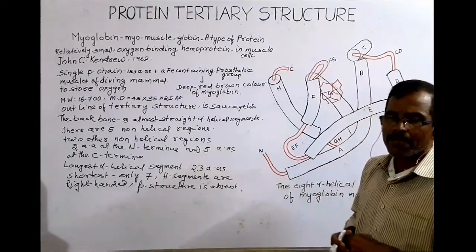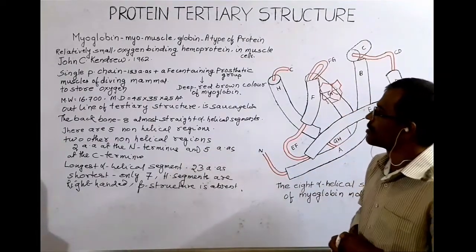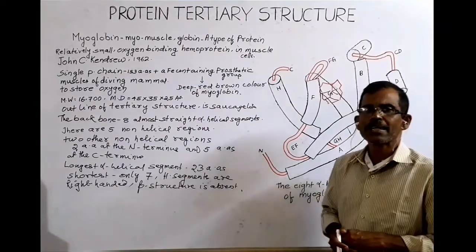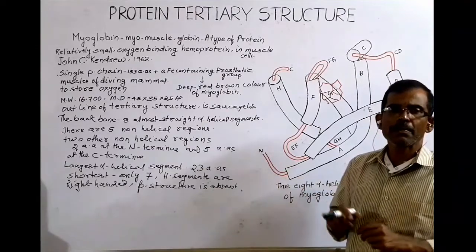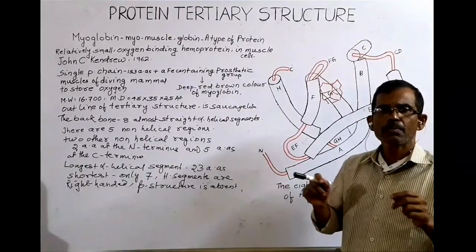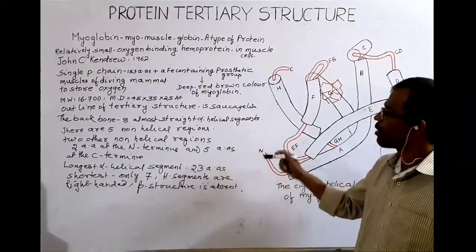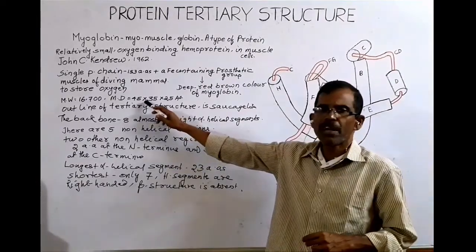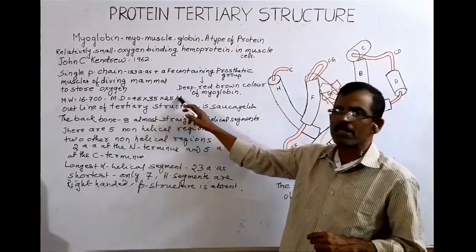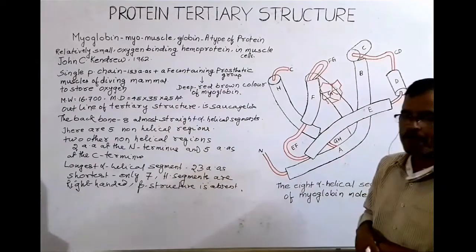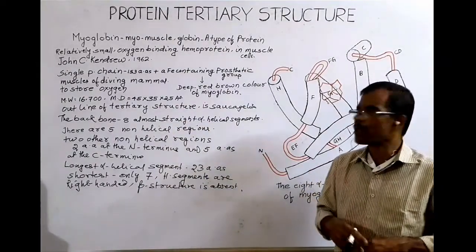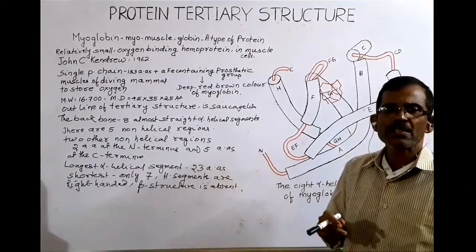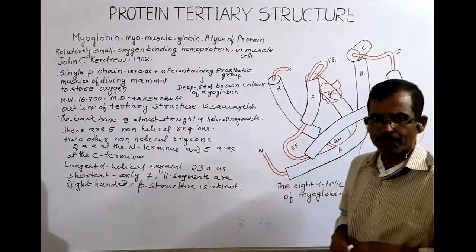The molecular weight of myoglobin is 16,700 and the overall molecular dimension of myoglobin is 45 into 35 into 25 angstrom. The deep red-brown color of myoglobin is due to the presence of heme in it.